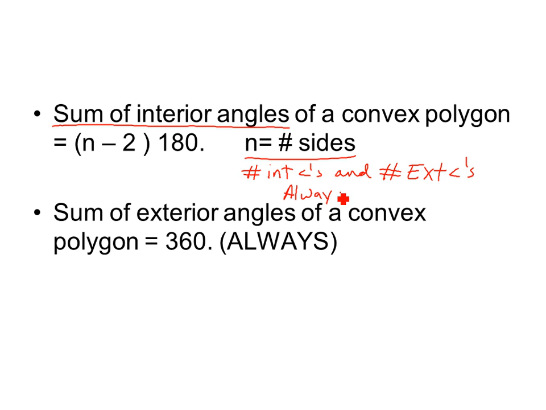So if it's a 5-sided figure, a pentagon, it's got 5 sides, 5 interior angles, 5 exterior angles. If it's a 52-sided figure, then it's got 52 sides, 52 interior angles, 52 exterior angles.